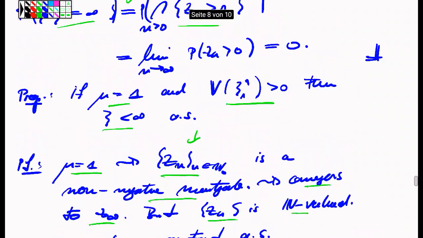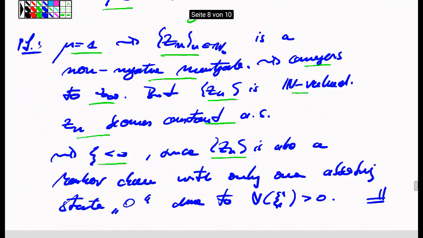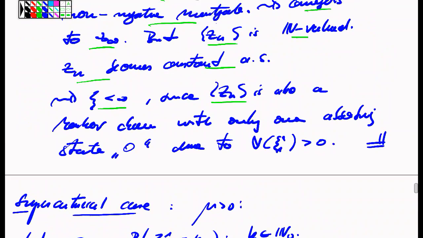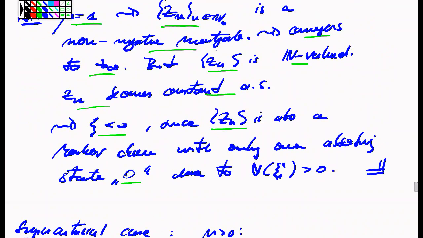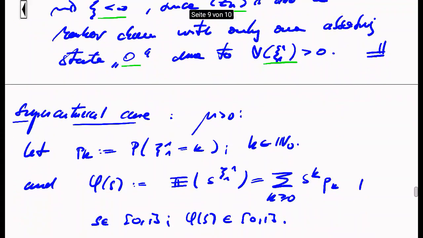And since we have assumed that the variance of the offspring is strictly positive, this is a Markov chain which has only one absorbing state, which is the absorbing state 0. The Convergence Theorem tells us that the process almost surely ends up in an absorbing state, but there can be only one absorbing state, which is the 0 state, due to the assumption that we have positive variance. So therefore, the only state which can be assumed in finite time almost surely is in fact the 0 state, and this is extinction in finite time.